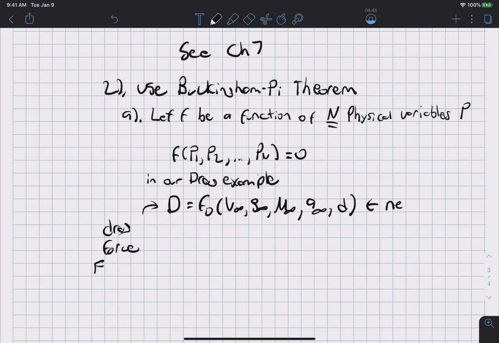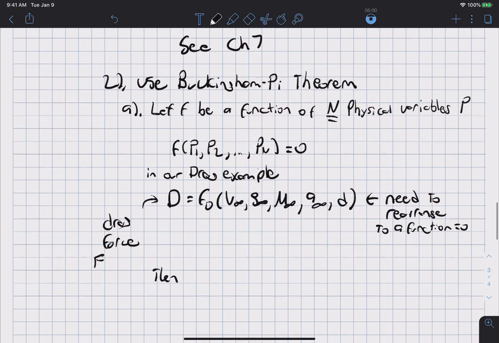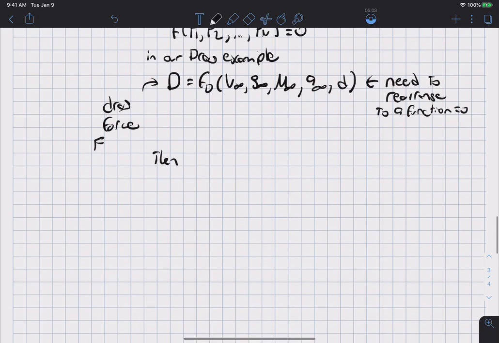And we need to rearrange this function here into a single function that is equal to 0. So we could say that our drag force function Fd minus d itself is equal to 0, because all I've done was move d over to this side and subtract d from both sides.